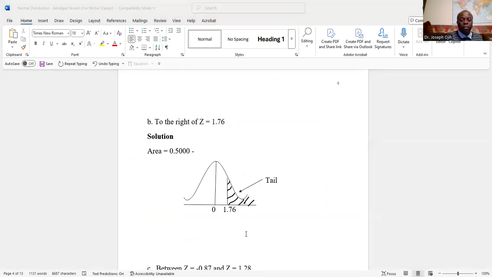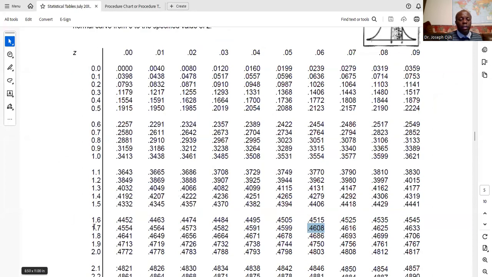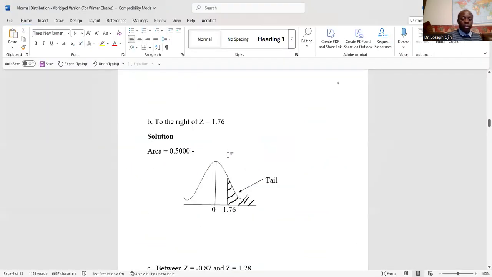We did it before, but let me just refresh your memory and put the table again. See, 1.7 right here. You go under 6. 0.4608. You see under 6, right? 0.4608. And we'll subtract: 0.5 minus that.